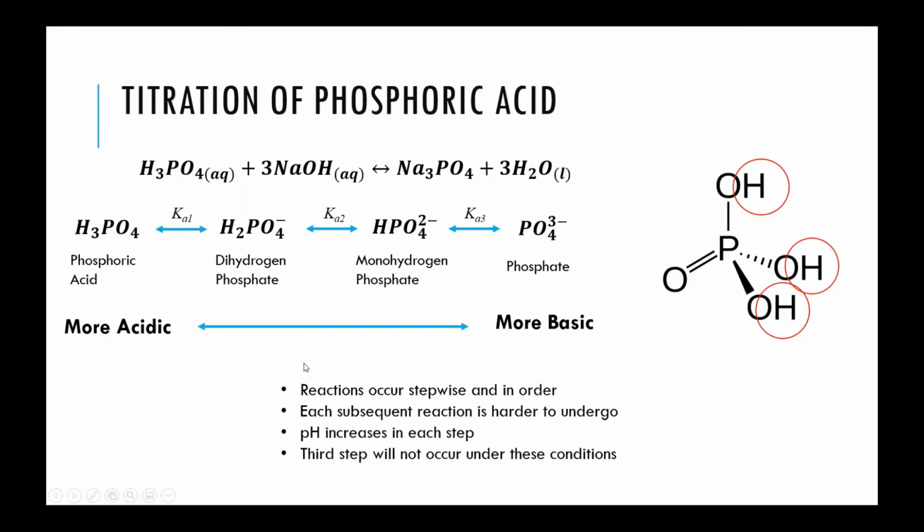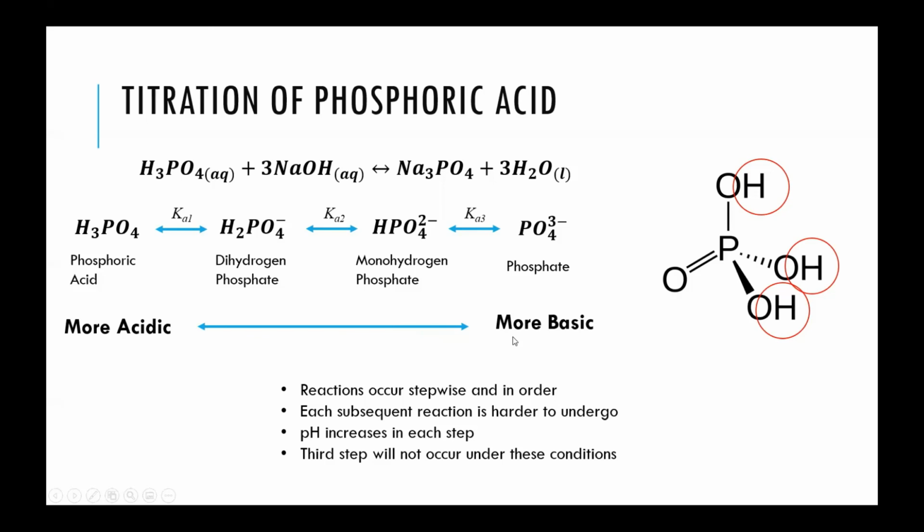In the titration, you're determining the equivalence points of these first 2 reactions. The third reaction can occur, but not under these specific conditions that you're doing in the simulation. Since they occur in a stepwise order, and as you react more and more it's becoming more and more basic, the pH is increasing with each additional step.